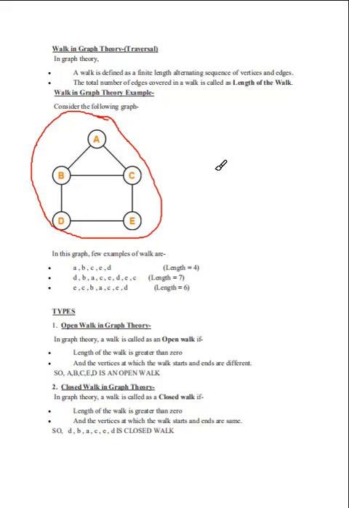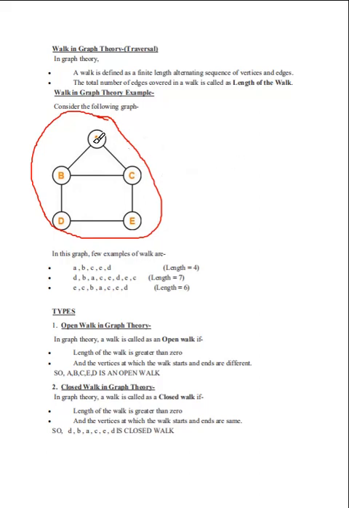Now when I traverse, when I walk through the graph, in graph theory it's called a walk. A walk is a sequence of vertices and edges. If edge names are given you can write edges, or if only the vertices are given you can write vertices as a sequence of the walk.